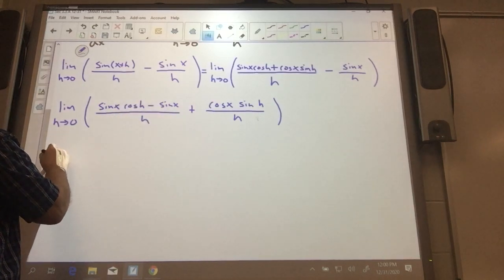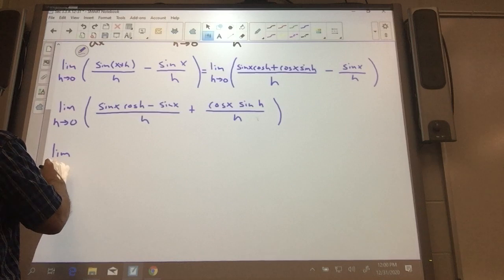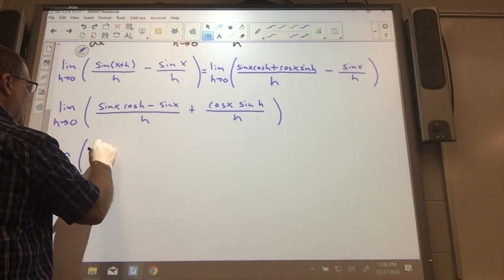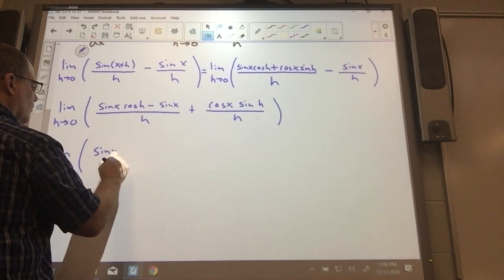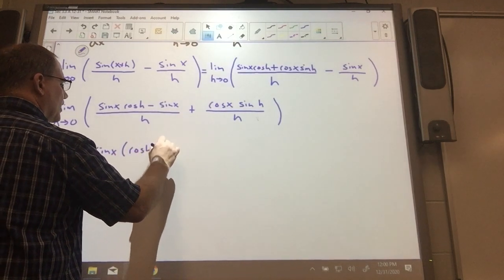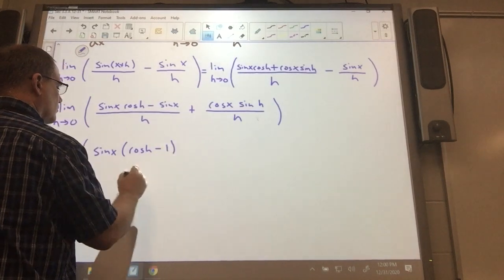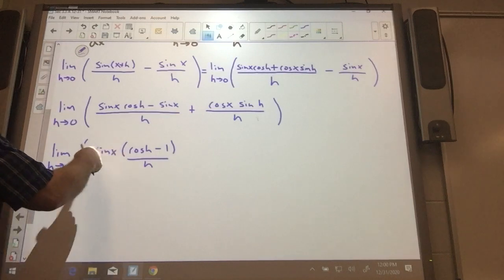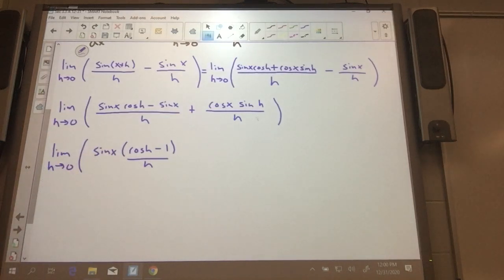So now I could say this is the limit as h approaches 0, and on the top I get the sine of x times the cosine of h minus 1, all over h. So just removing the common factor of the sine of x there.